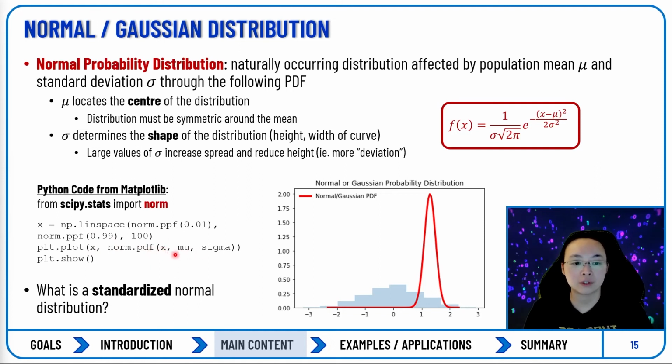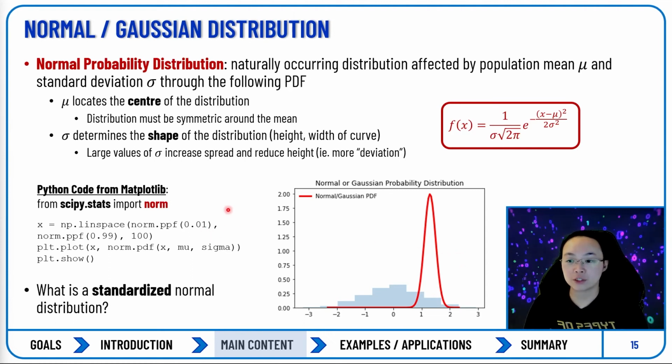Now we're going to use mu and sigma in our parameters in this order so that we can plot the correct values for the PDF function. Once you show it, you'll be able to see the exact skew as well as the center of the distribution for a normal Gaussian distribution.